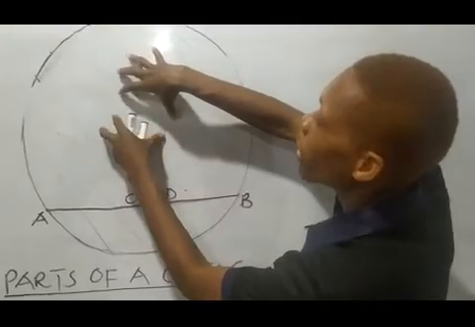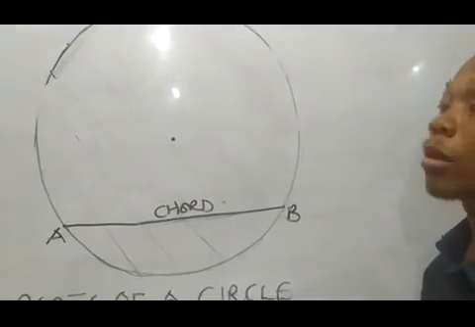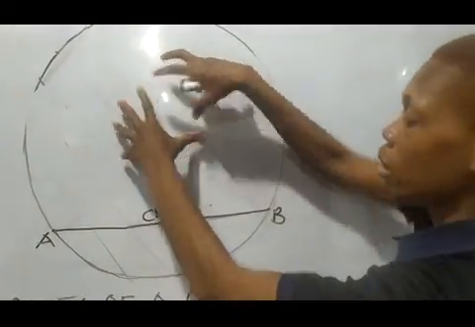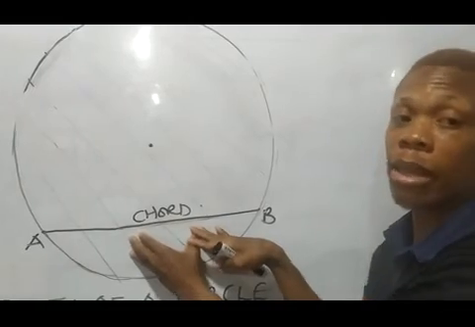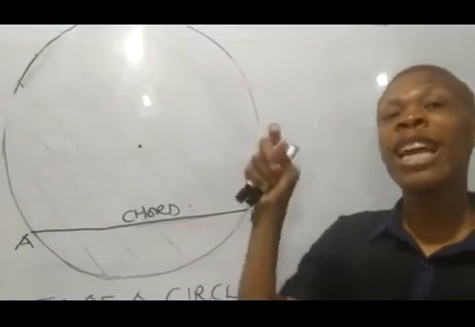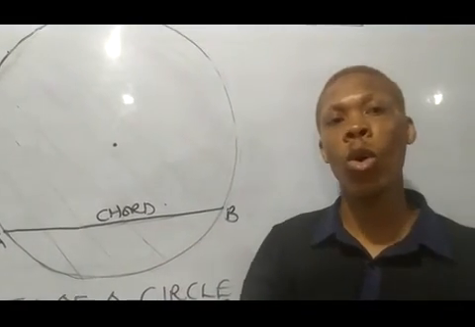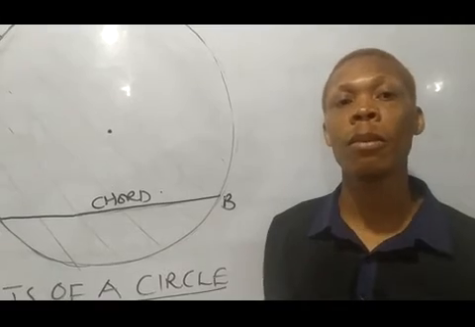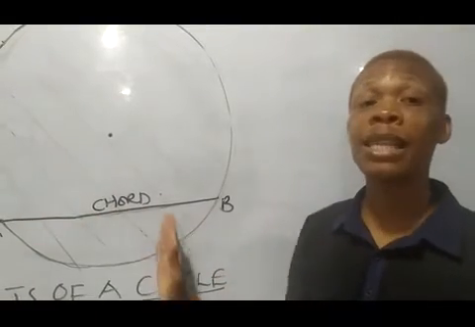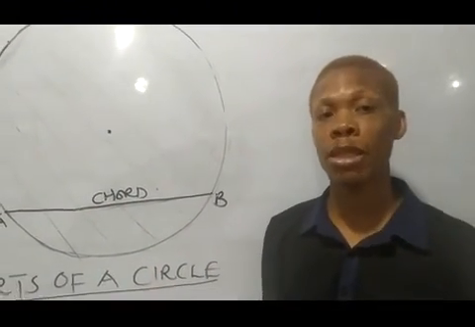Now, we call this a segment. So this is a segment and this is also a segment. So anytime you introduce a chord into a circle, it will always divide the circle into segments.